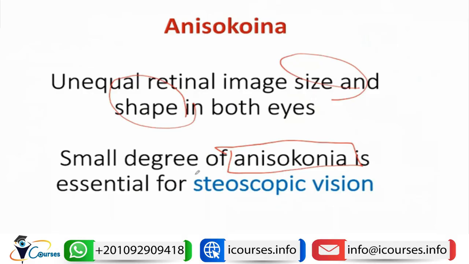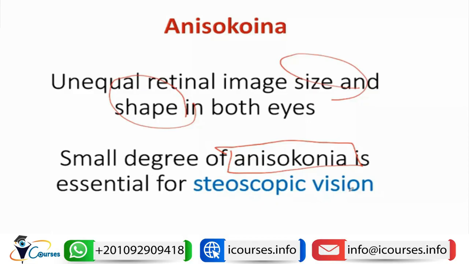We will say that in order to see an object as a 3D structure, so you can see the third dimension of an object, you need to see the object from different angles. And when you see the object with both eyes from different angles, the picture at each eye will be slightly dissimilar.